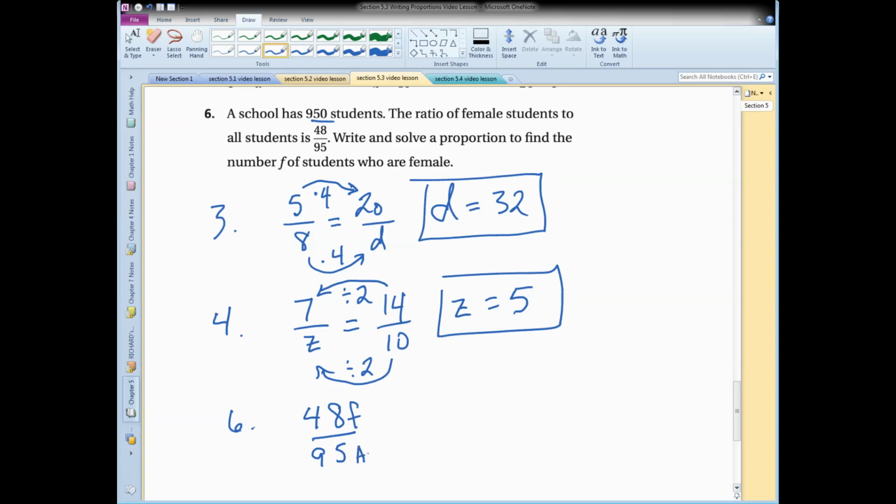So I'll just put S for all students. Write and solve a proportion to find the number F of students that are female, okay? Well, we know a school has 950 students, so that would be the denominator. That would be all my students, okay? And I need to figure out what goes there.